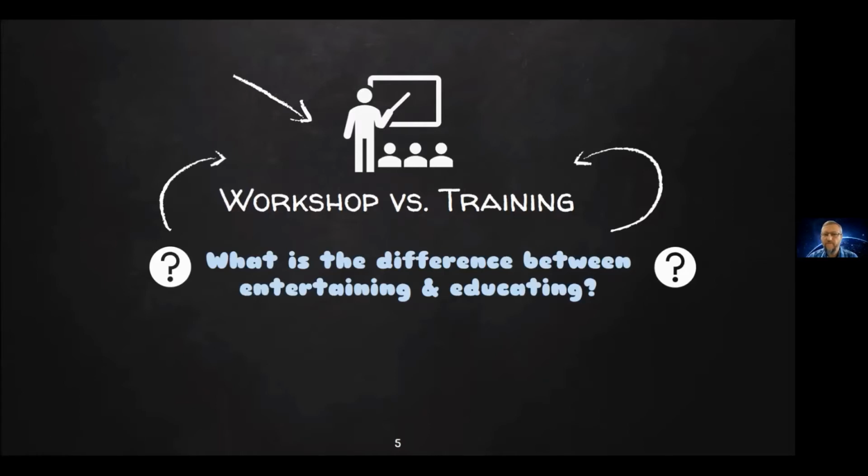The differences, I think, on entertainment and education. Entertainment per se, as a standalone, has no transfer of knowledge. It's purely for relaxation. However, education, on the other hand, has to have an element of transfer of knowledge.